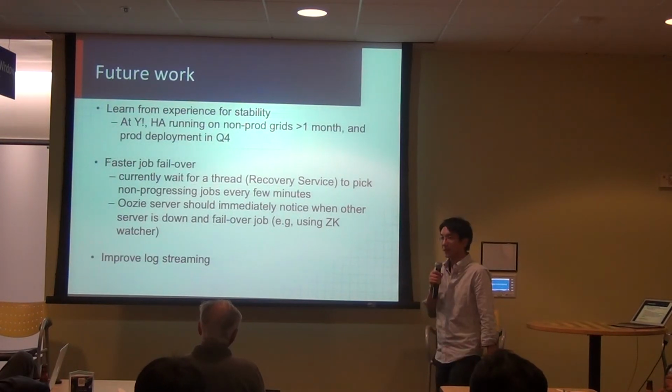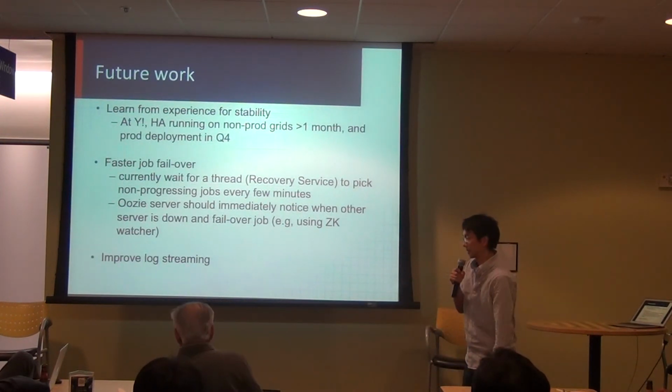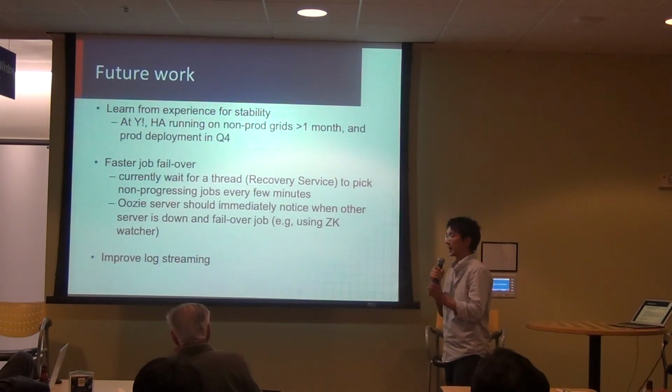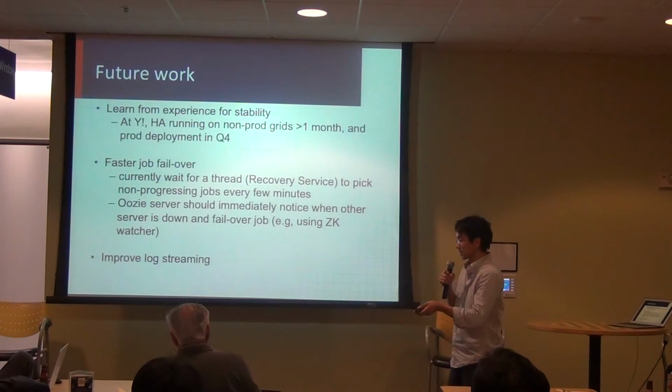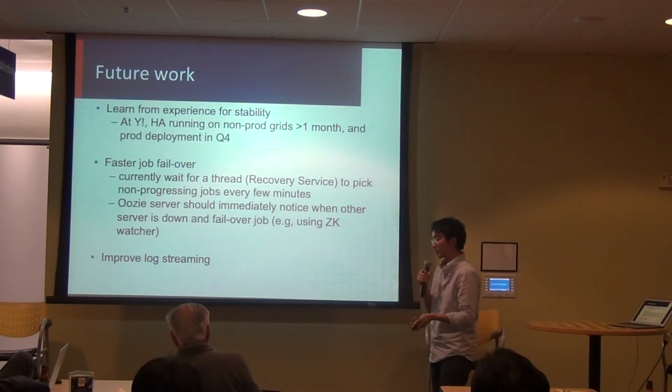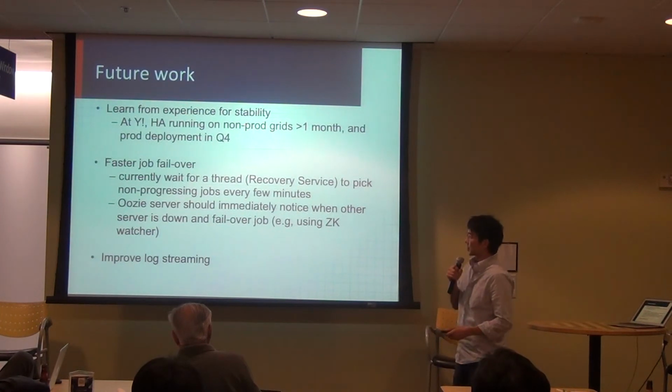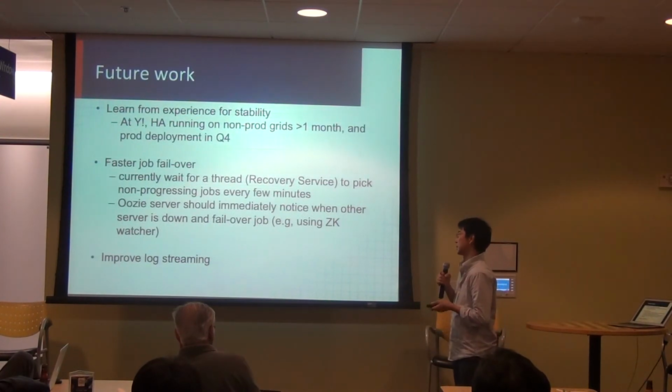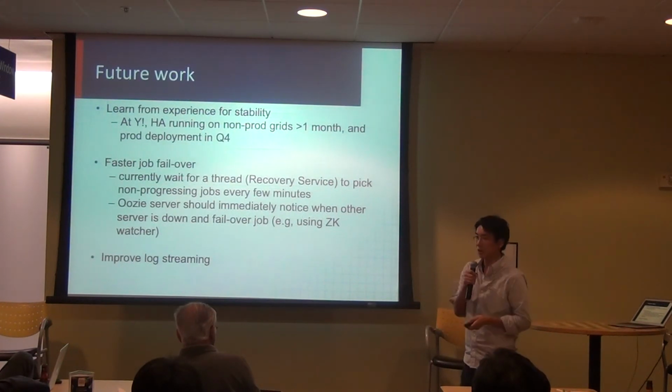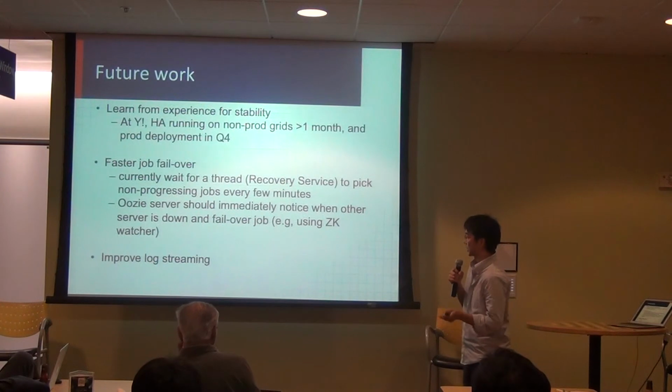This interval is configurable, but normally it is at the minute level, meaning that when one Oozie server is down, failover takes more than a minute. Ideally, the Oozie server should immediately notice when another server is down and then fail over the jobs. One way of doing that is to use a Zookeeper Watcher, and the community is working on this right now.